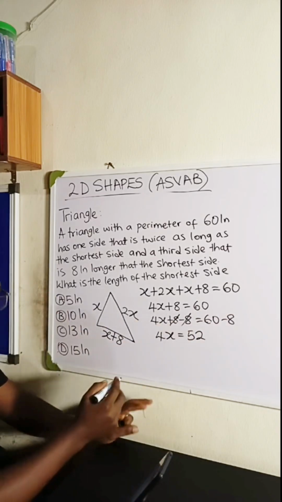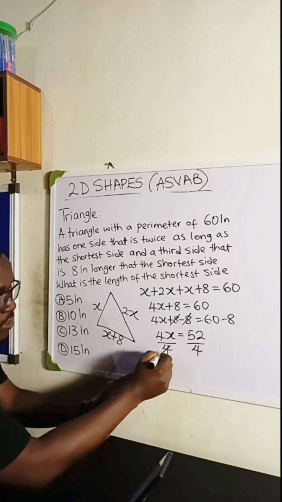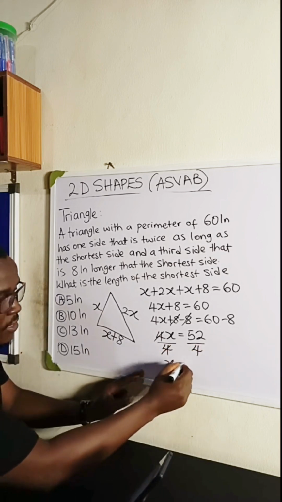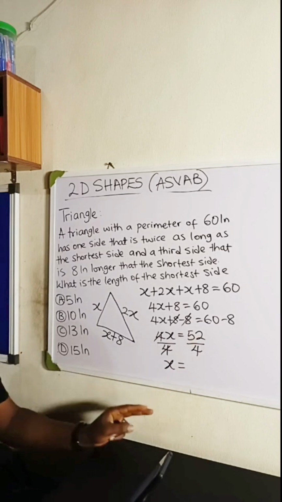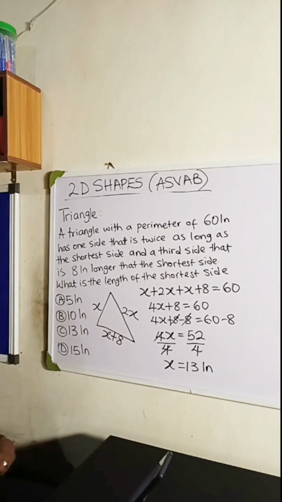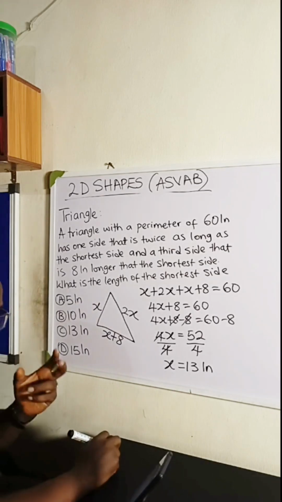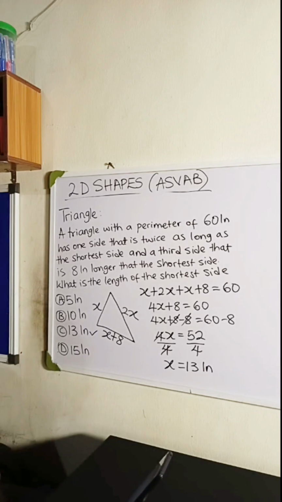To get the value of x, we divide both sides by 4. 4 cancels out 4, so x is equal to 52 divided by 4, which gives us 13 inches. This means that the shortest side is equal to 13 inches. All right, so that is the answer to the question. Very easy, I guess.